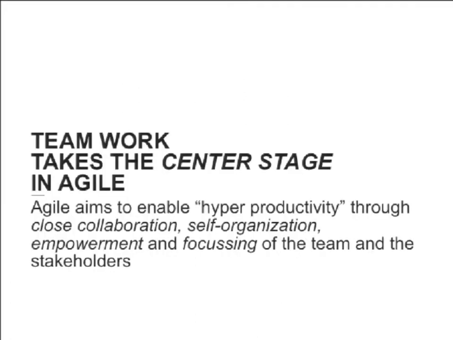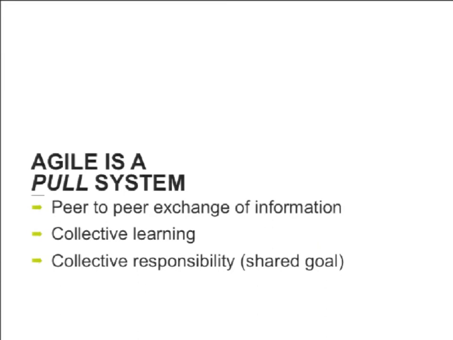So in Agile, the important thing is really the team. And teamwork really takes center stage in Agile. And Agile is also a pull system. What that means is that there's a peer-to-peer exchange of information.